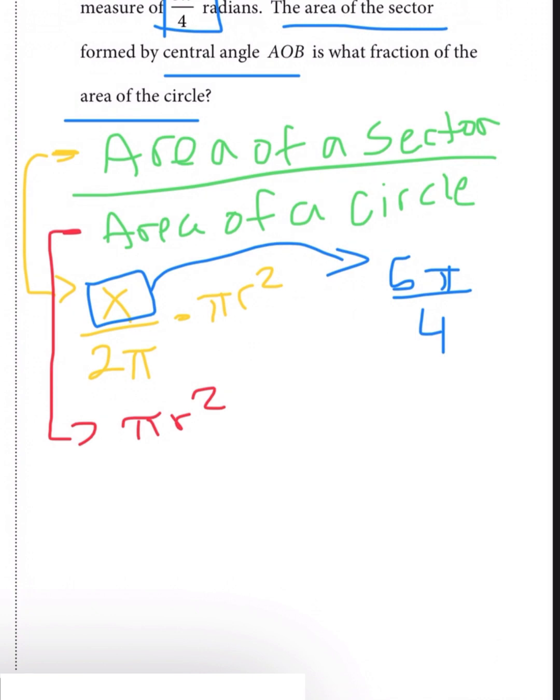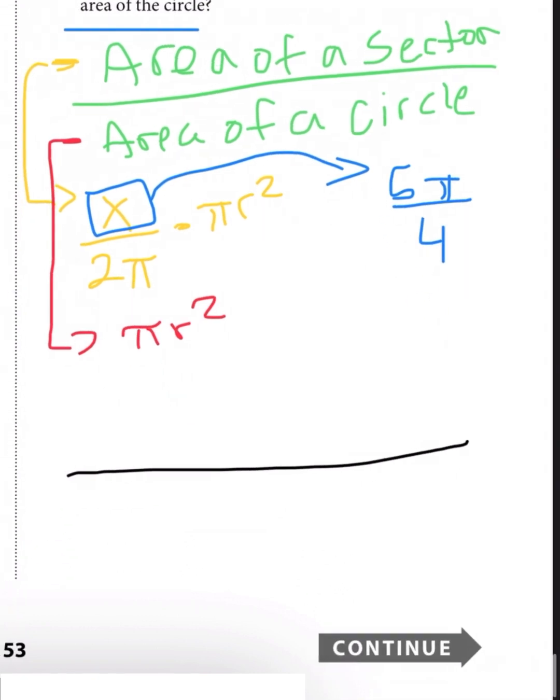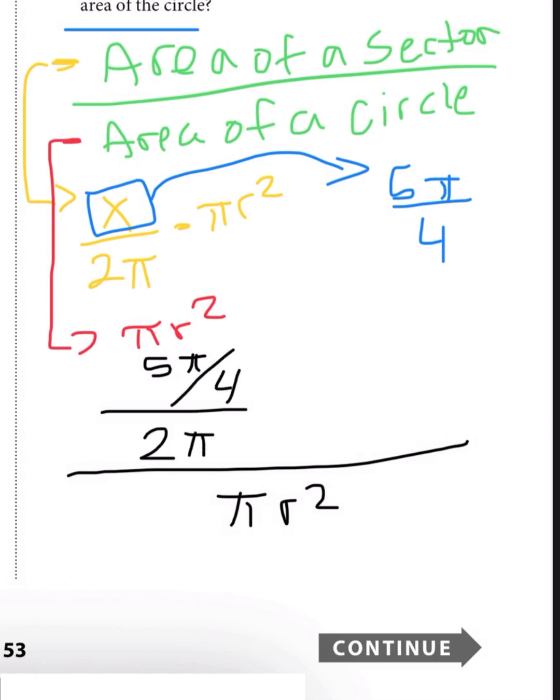So now let's solve this. I'm just going to write that at the bottom: 5 pi over 4, over 2 pi, times pi r squared, over pi r squared. A couple of things cancel off.